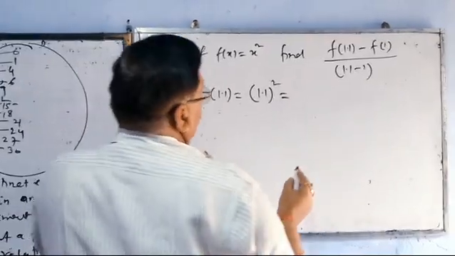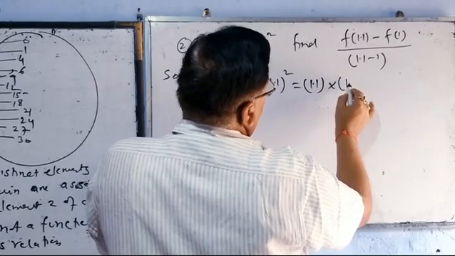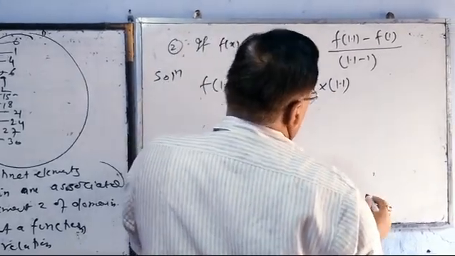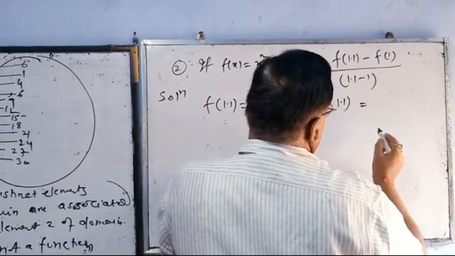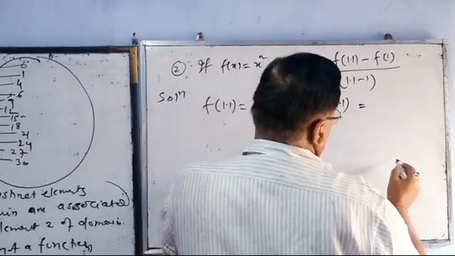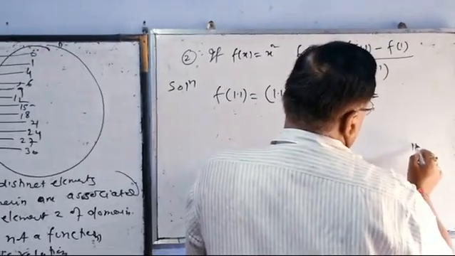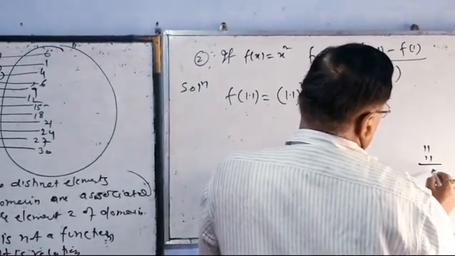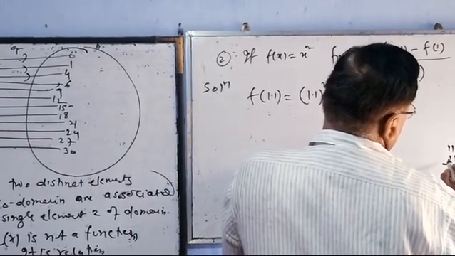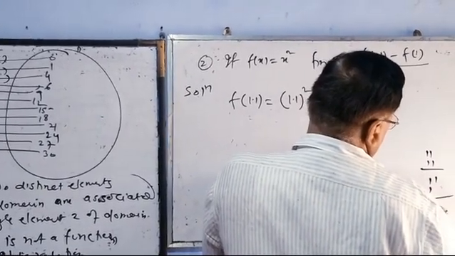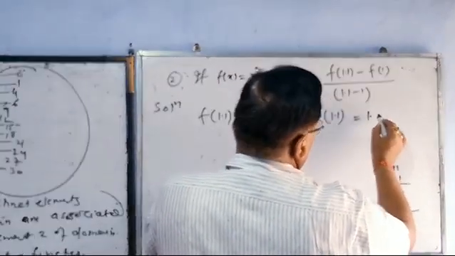So 1.1 into 1.1, that is 1 into 1, 1; 1 into 1, 1; 1 into 1, 1... so here with the decimal, 1.21.